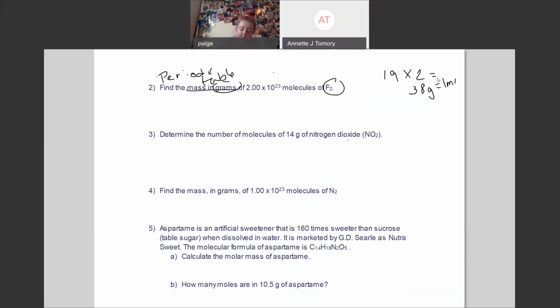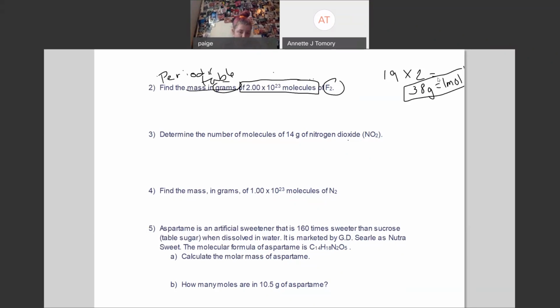38. Very good. So that's one conversion factor that we're going to need because of the fact that it said grams there. Okay, so it says 2.00 times 10 to the 23rd molecules. Molecules tells us what conversion factor? Moles.